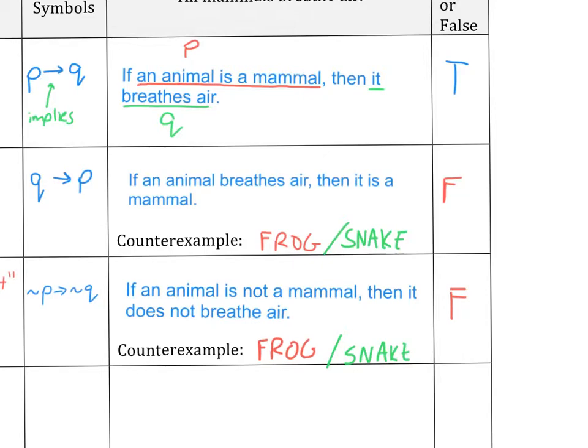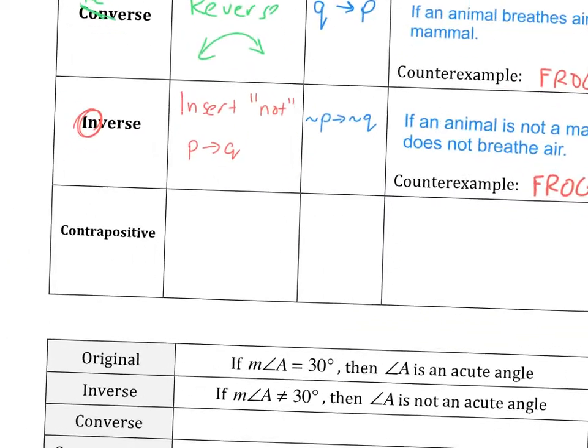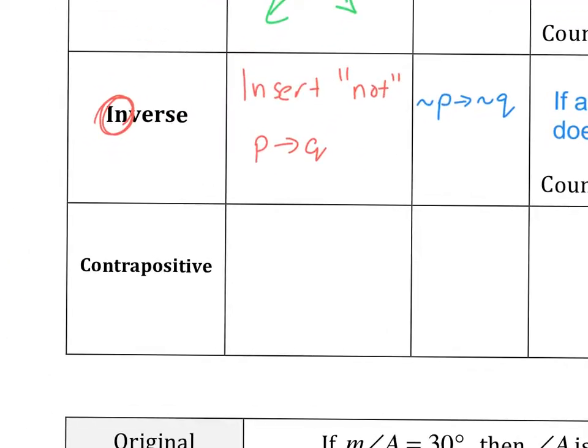Okay? Now let's do the very last statement here. This last one, you're often going to get spell checked on because many dictionaries don't recognize this as a word, but it is in fact a word. Contrapositive is the longest word. So we're going to do the most to it. We are going to switch the statements, and we're going to insert.